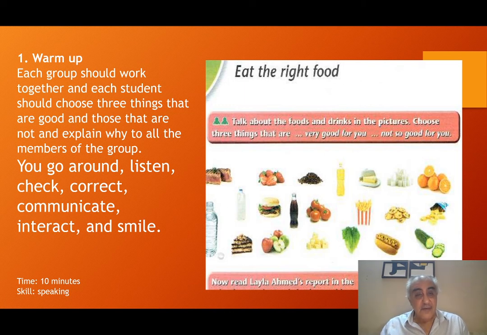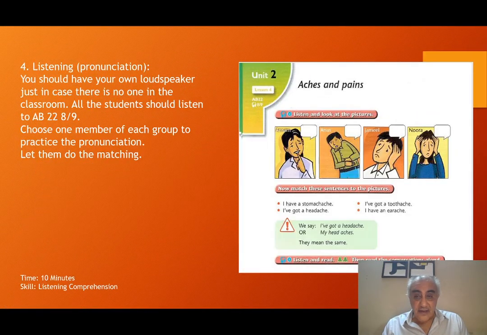If there are some mistakes in pronunciation, just disregard them, because the main idea is to let them speak. Whereas here, since the main idea is to improve their pronunciation, you may correct if something is wrong in the way they are pronouncing specific words. So choose one member of each group to practice the pronunciation, and then they do the matching exercise.